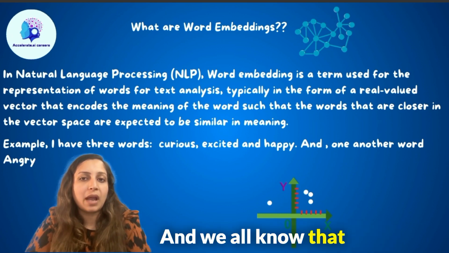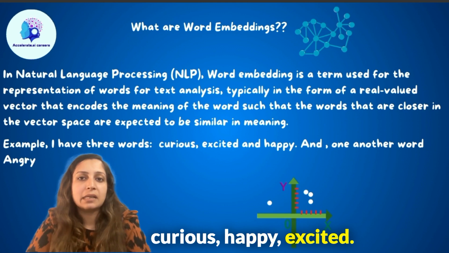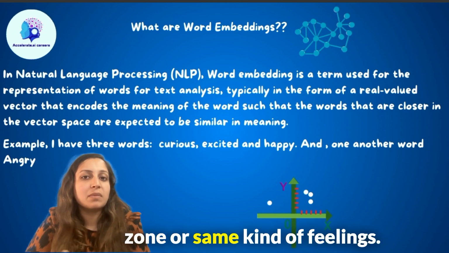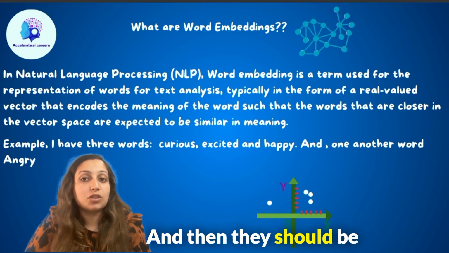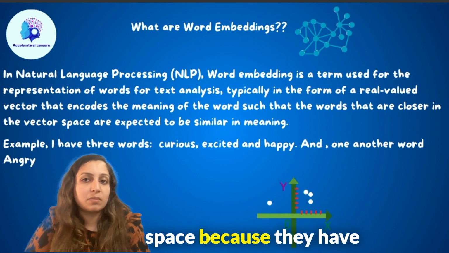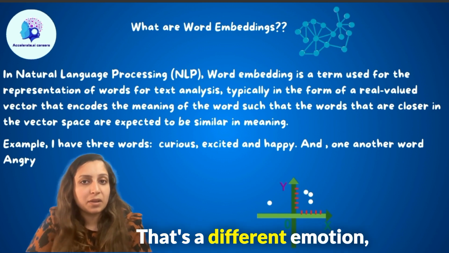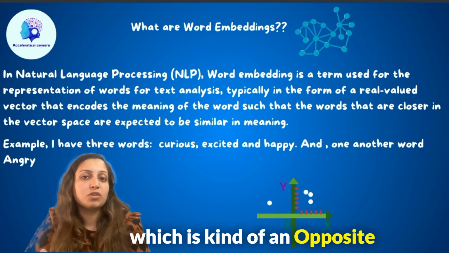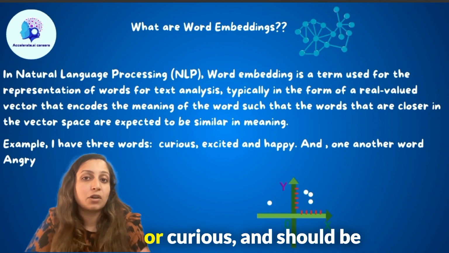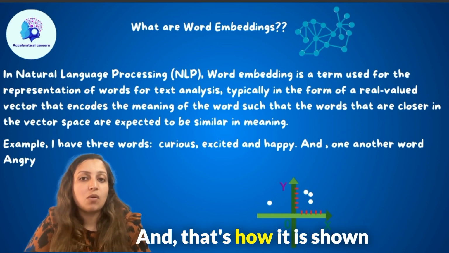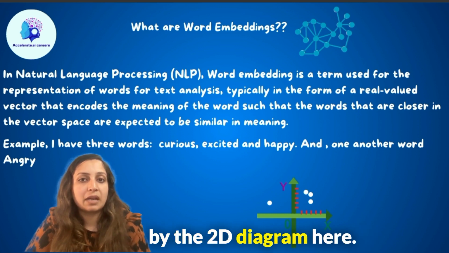And we all know that curious, happy, excited are kind of positive feelings, in a similar zone, so they should be close together in the vector space because they have similar meanings. Whereas angry is a different emotion, kind of opposite to happy, excited, or curious, and should be in a different vector space. And that's how it is shown by the 2D diagram here.